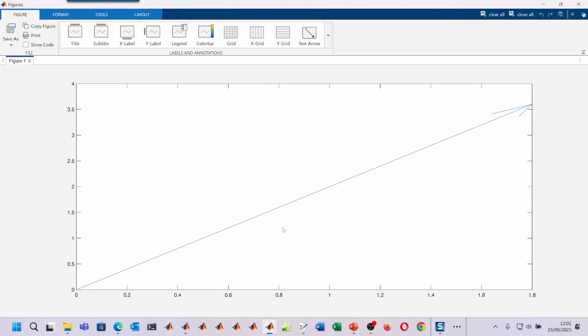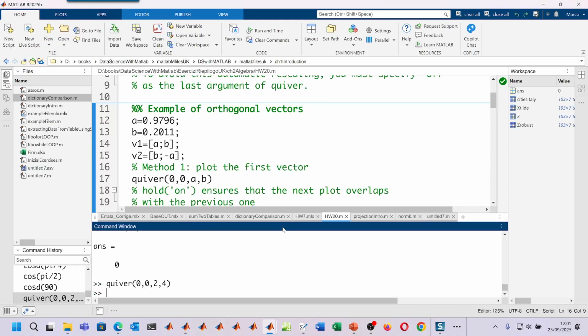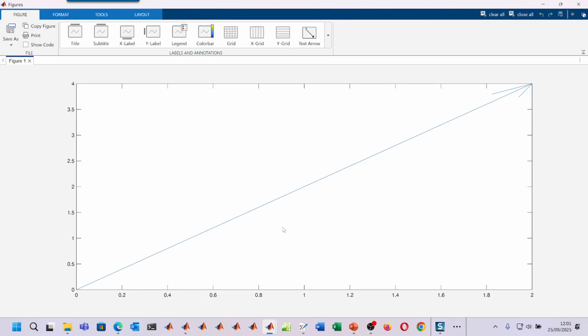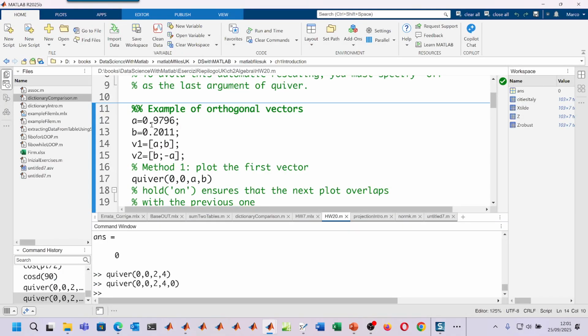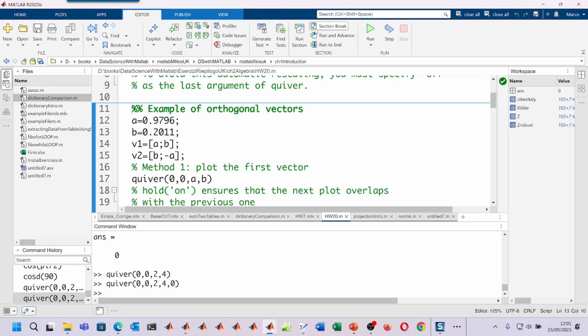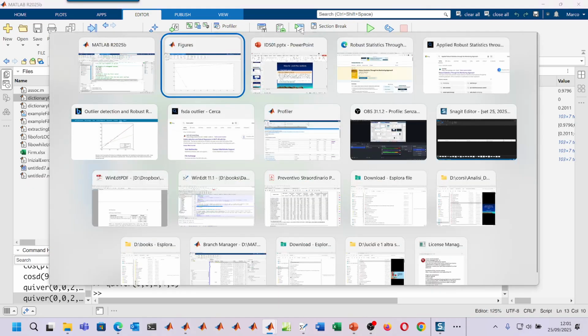You see that it doesn't go up to 2, 4, because there is a scaling. So in MATLAB, you have to put the fifth element equal to 0, and then it goes up to really 2, 4. Here is the example of orthogonal vectors. Orthogonal vectors are vectors whose angle is 90 degrees.